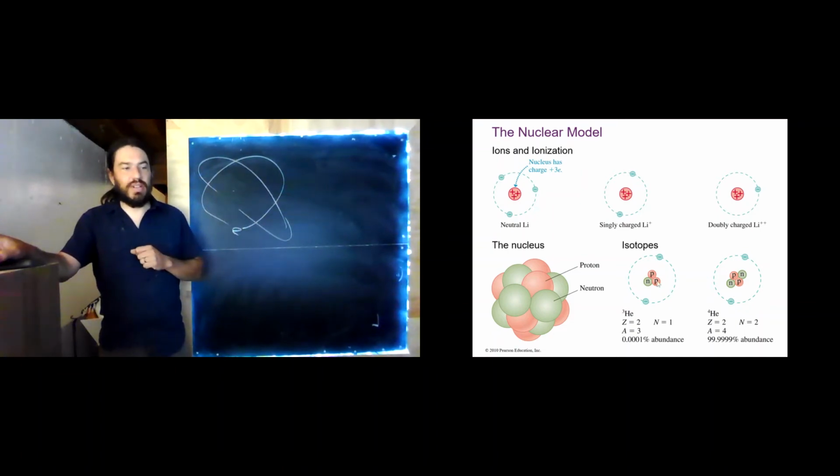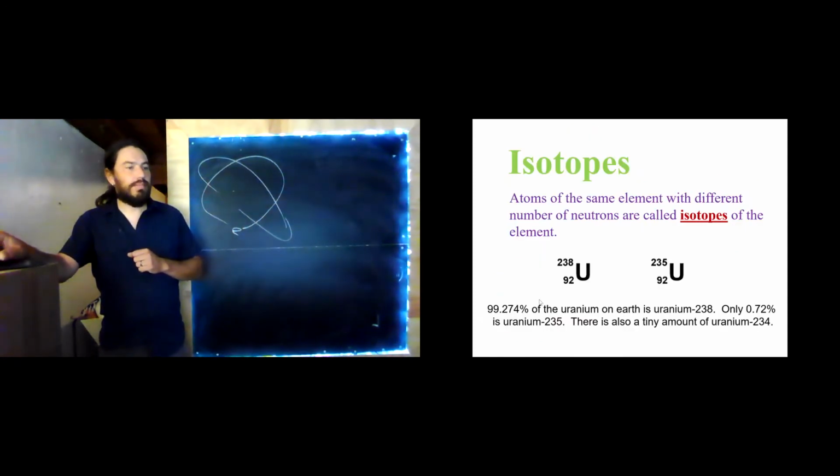We would say that these are 2 different isotopes of helium. Most of the helium on Earth is helium-4, with only trace amounts of helium-3. So isotopes, again, are atoms of the same element with different numbers of neutrons.